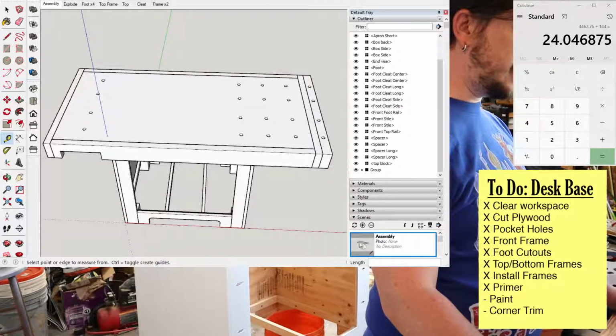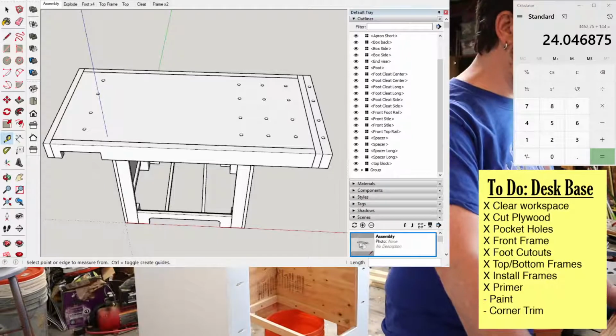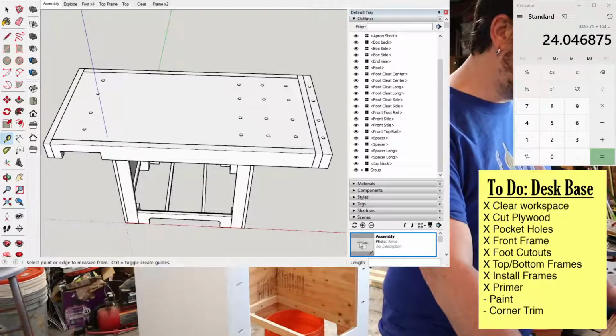Lumber, domestic lumber, hard maple. Okay. Well, they don't have a price for their store, but they have a price for the online order.